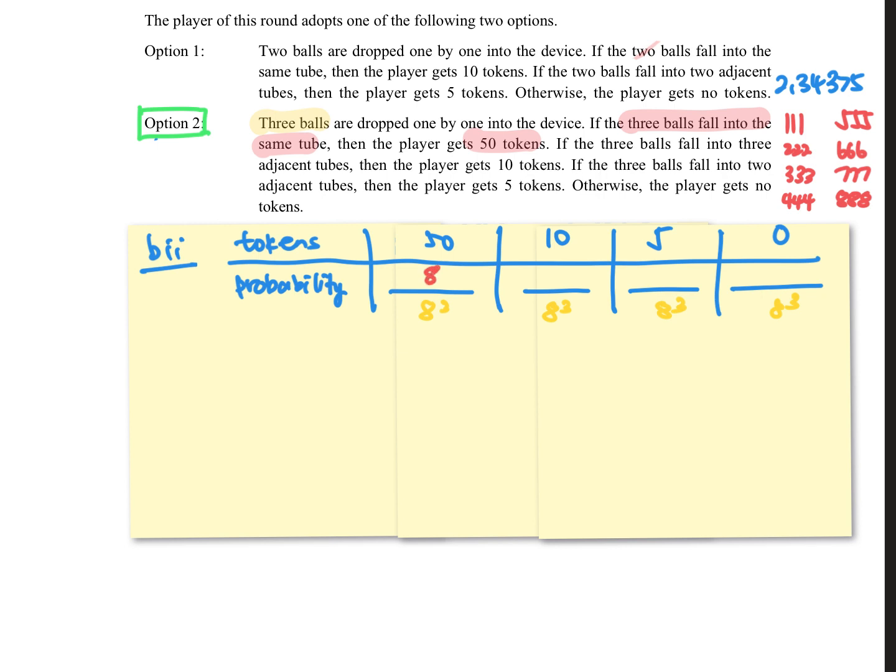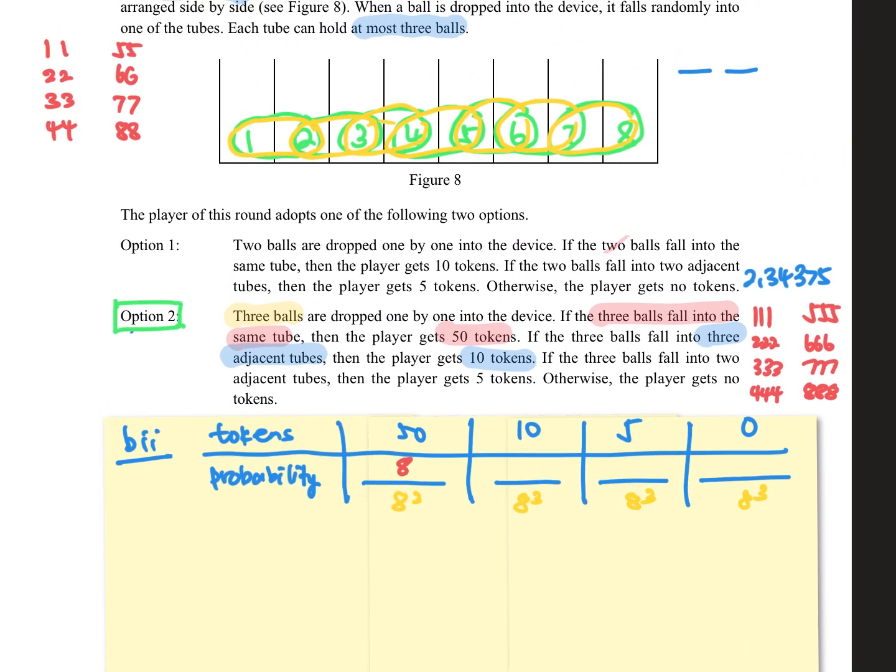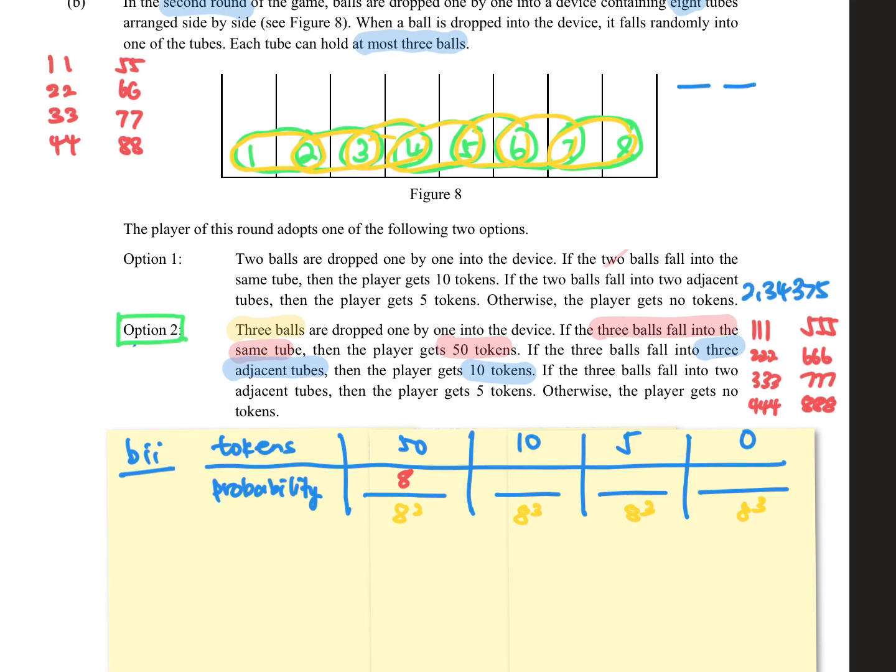And then for the second case, 3 balls fall into 3 adjacent tubes, giving 10 tokens. So it's just like in option 2. We try to think about this.